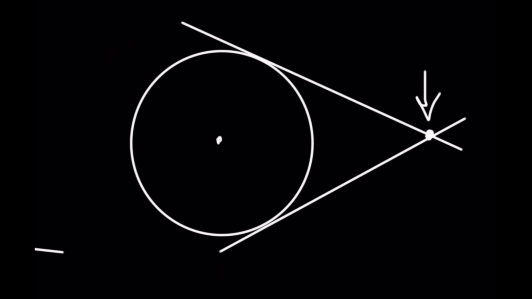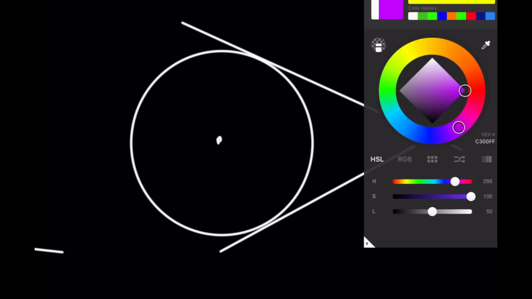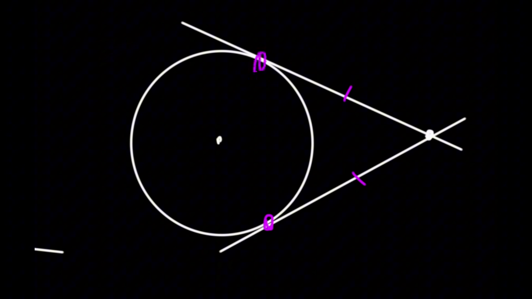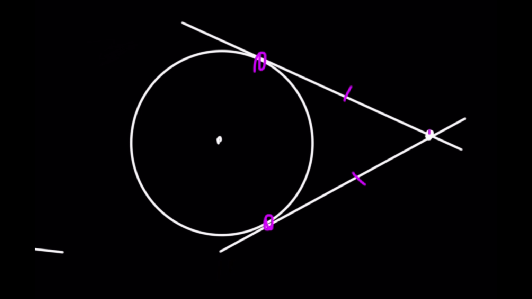I know my drawing's probably not correct, but it's technically touching. So we conclude that these tangents are equal, and it would be the same on both sides because they come from the same point. So tangents from the same point are equal in length.